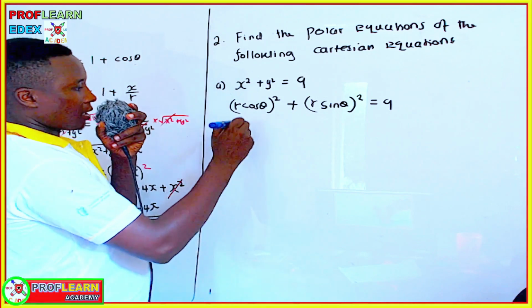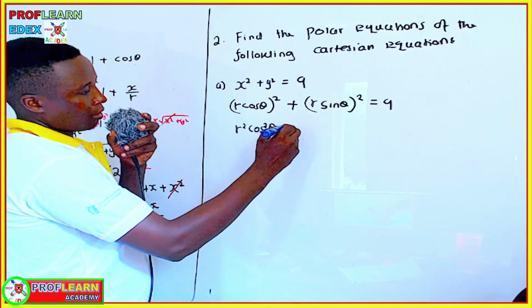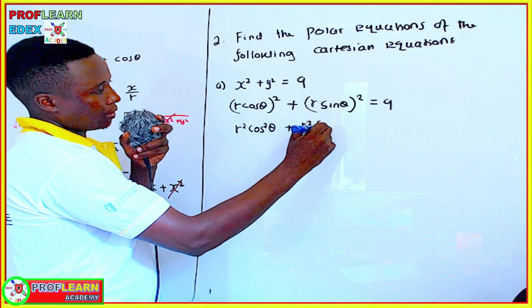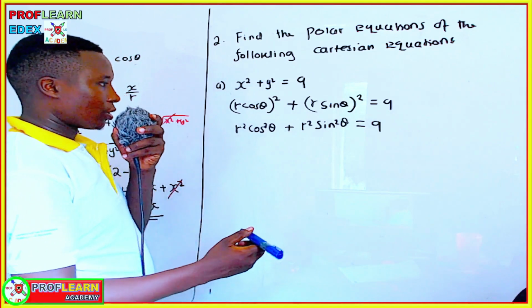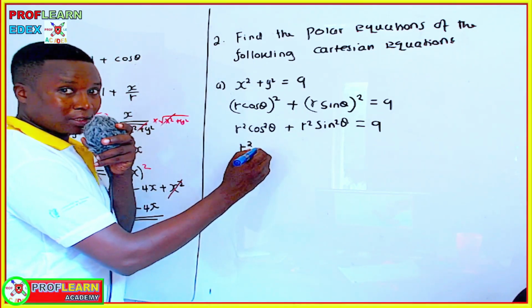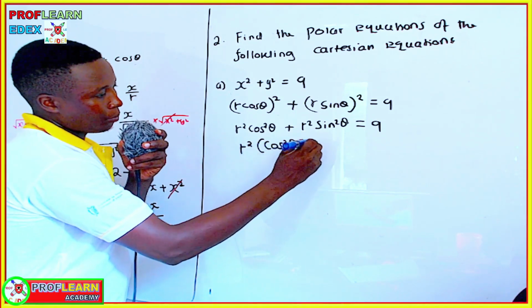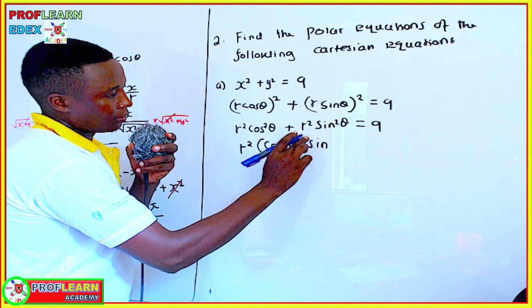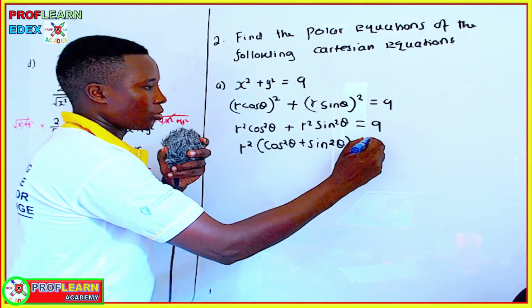Which means that this is going to be r squared cos squared theta plus r squared sine squared theta equals 9. So after having that, we are going to factor r squared out. We shall remain with cos squared theta plus sine squared theta equals 9.